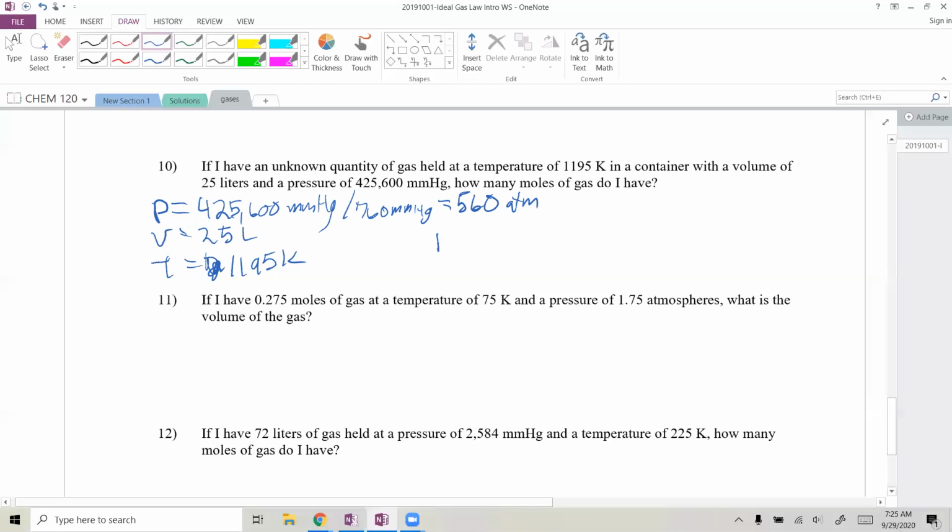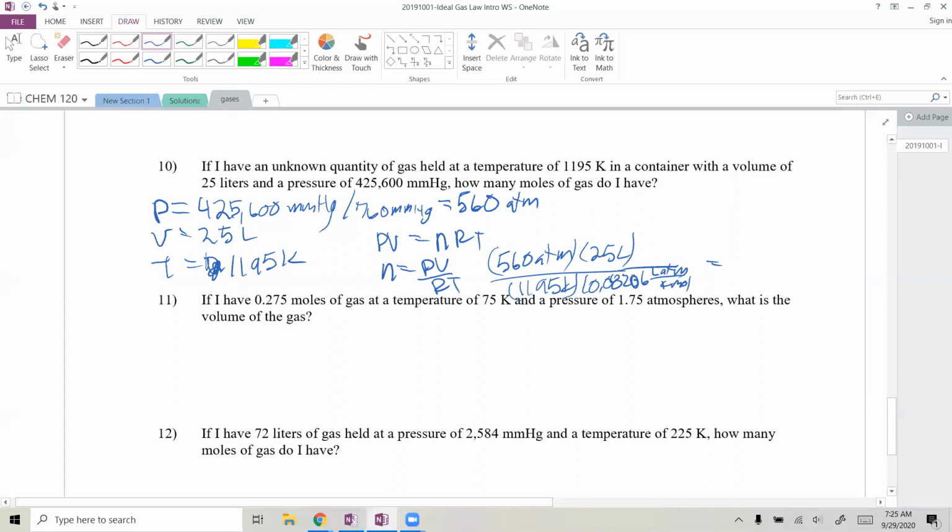And so we want to solve for n. So PV equals nRT. n is equal to PV over RT. So we have 560 atmospheres, 25 liters, 1,195 Kelvin, and our R. And so we just need to plug that in.